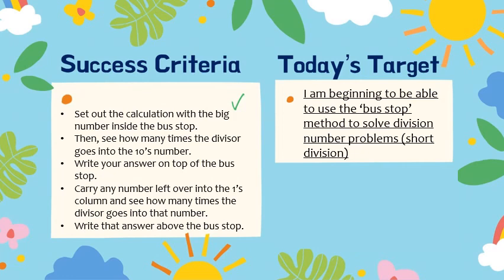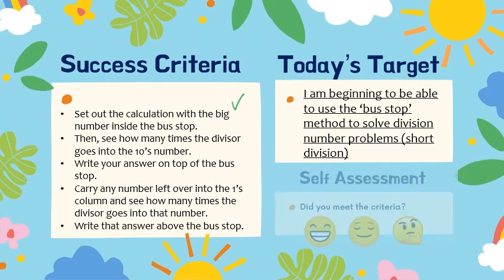Write your answer on top of the bus stop. Carry any number left over into the ones column and see how many times the divisor goes into that number. Then write that answer above the bus stop. When you have finished, check your work against the answers on the next page. Did you meet the criteria?